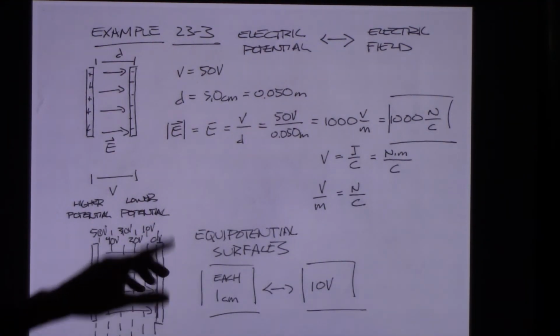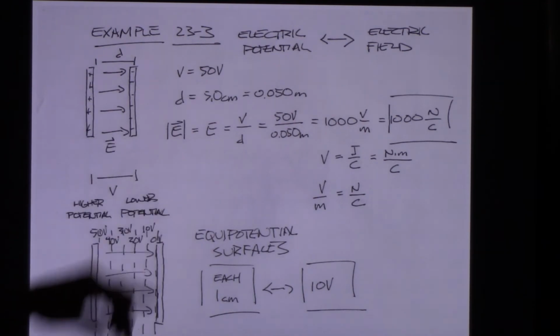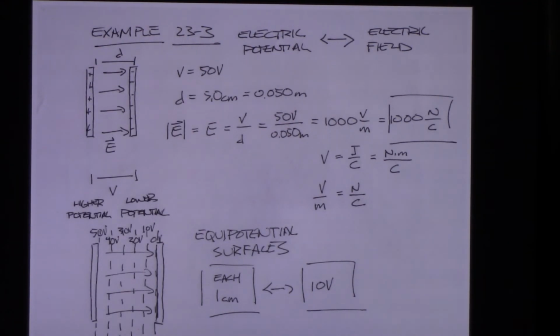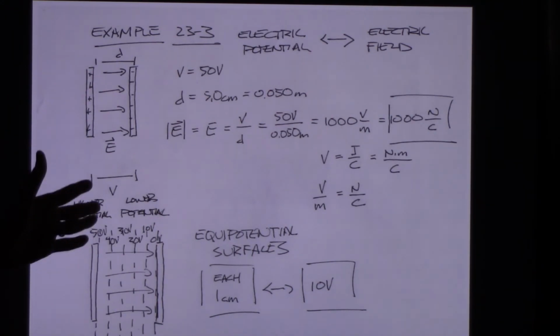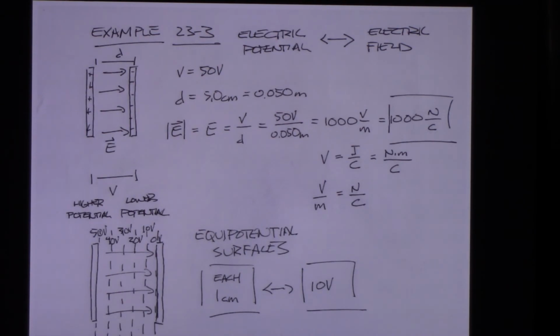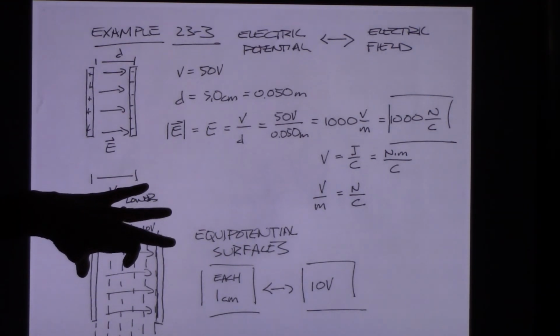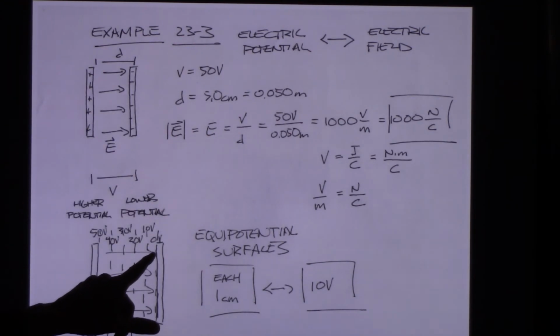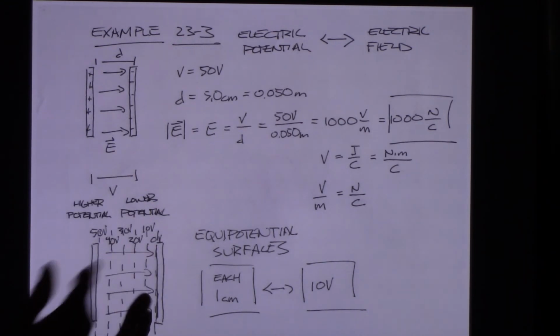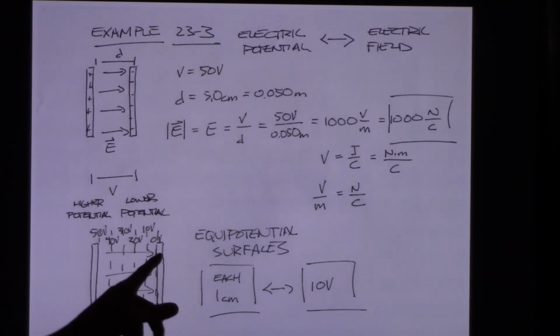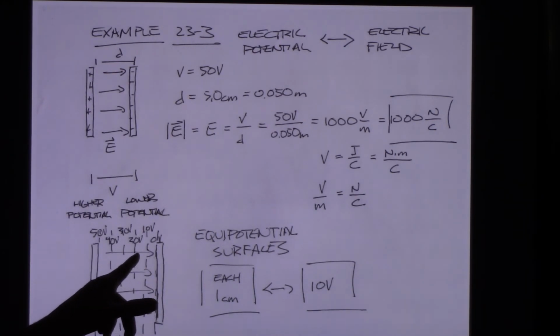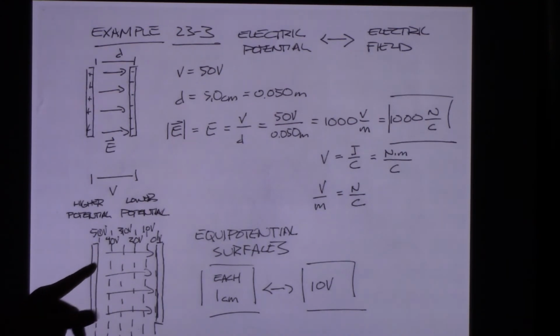So between these two plates, if it's a 50 volt difference between the two plates, we could think of this as breaking down into a series of what we call equipotential surfaces. Now there's a lab coming up, I think, which looks at electric potential surfaces. So we've got a couple plates here. There's a 50 volt difference. If the inner surface of this plate is defined as a reference, as I move from one side to the other, the potential goes up.